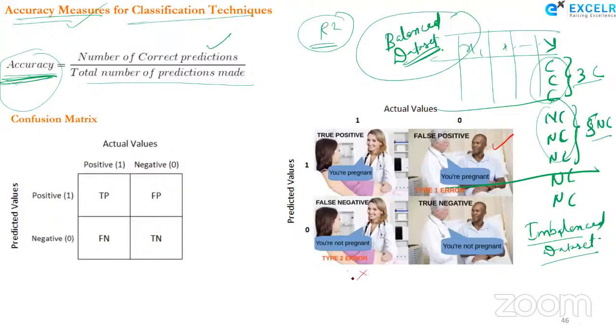Which is more serious error? False negative. But can a male be pregnant, Kushi? Can you say a male person is pregnant?